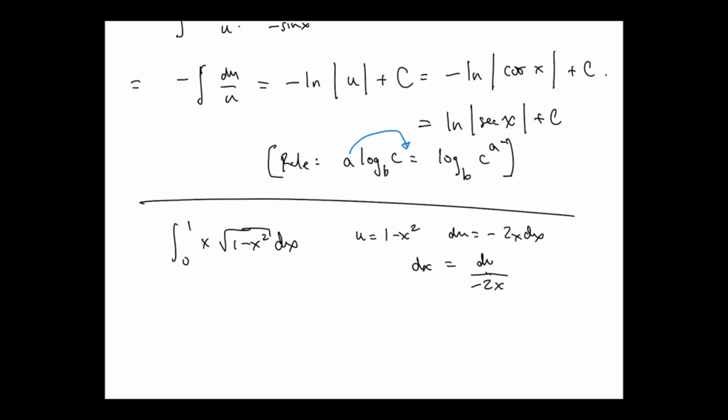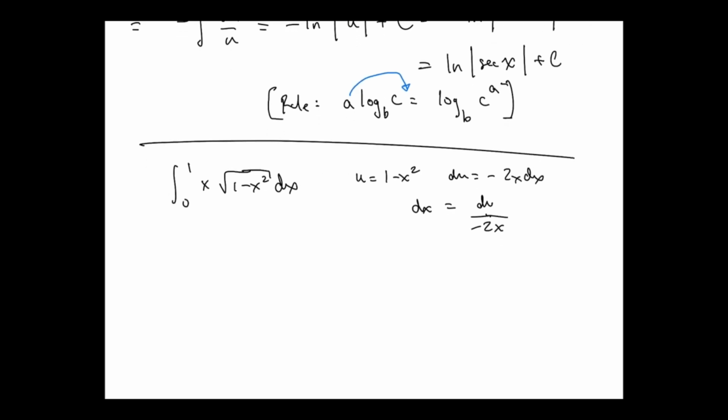So that part works the same as it would before. But we also have two bounds here, this guy and this guy, and those in the original integral are numbers in terms of x because all the stuff is x.